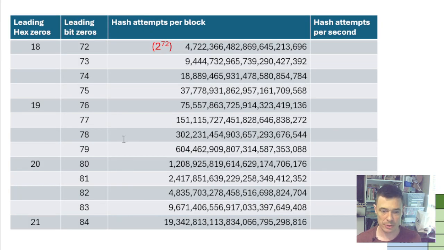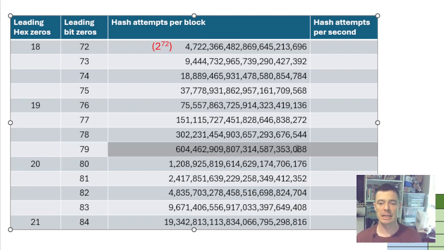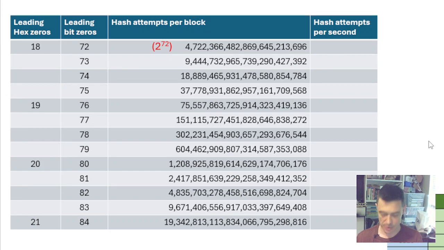And now, yeah, this would be 79 leading bit zeros is what we're saying. And this number over here is 2 raised to the power of 79. This number is the number of hash attempts needed to find a correct hash, or a hash with 79 leading zeros.